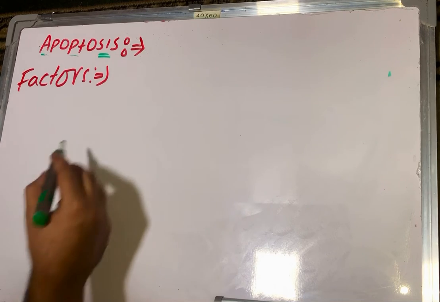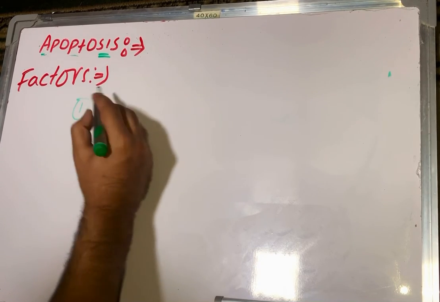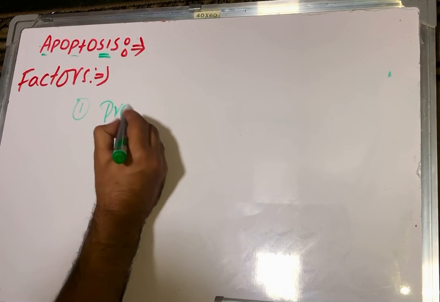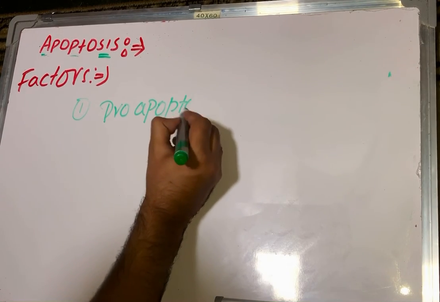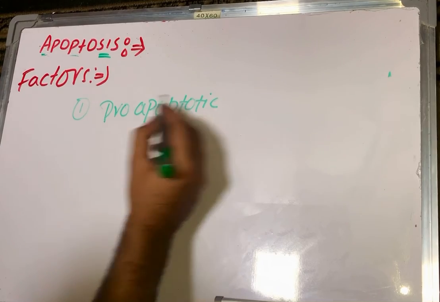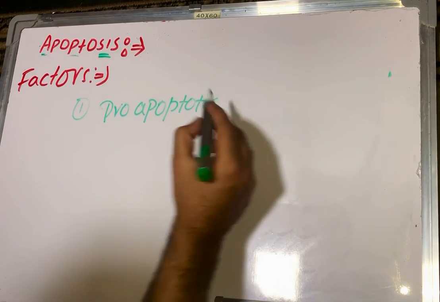What are those factors that are involved in the process of apoptosis? These are of two types. Number first, pro-apoptotic factors.